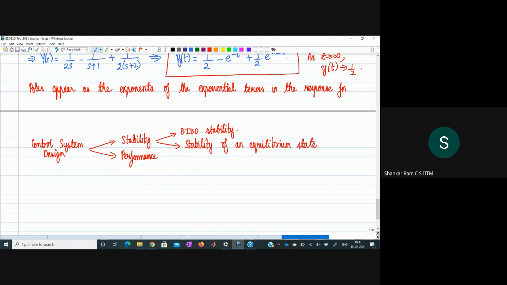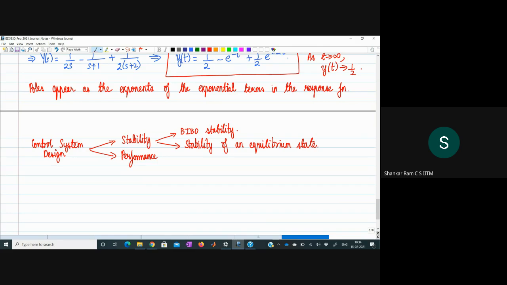Those are the two notions of stability that we shall consider in this course.